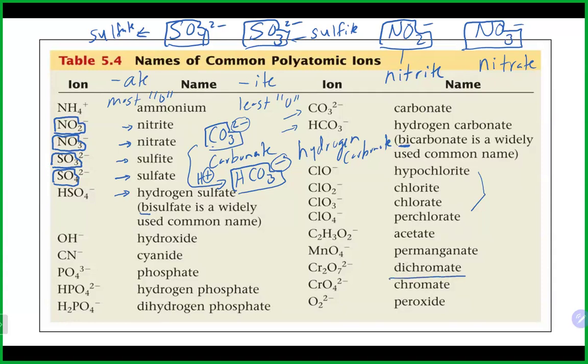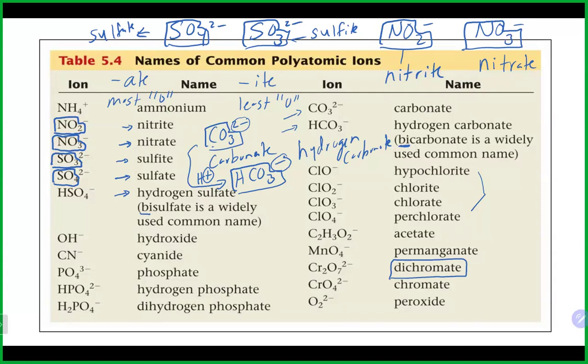The name of this polyatomic ion is dichromate. Because that is the actual name of the polyatomic ion, you could use it with a metal and have a Roman numeral and a prefix. That would be the only case where you would have a prefix and a metal together, and it's really because the prefix is actually part of the polyatomic ion's name.